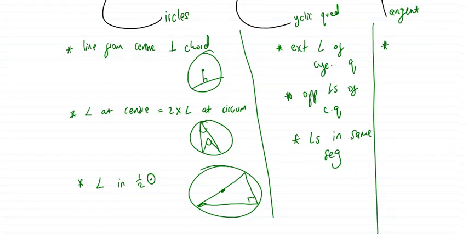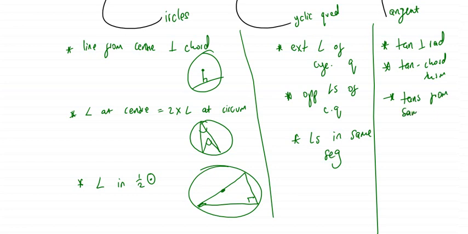Tan perpendicular to radius. Number 2, tan chord theorem. And then number 3 is tangents from the same point. Those are your 9 theorems. And if you understand them in this way, you'll be able to answer questions nicely. Nice. Trust me, nice.